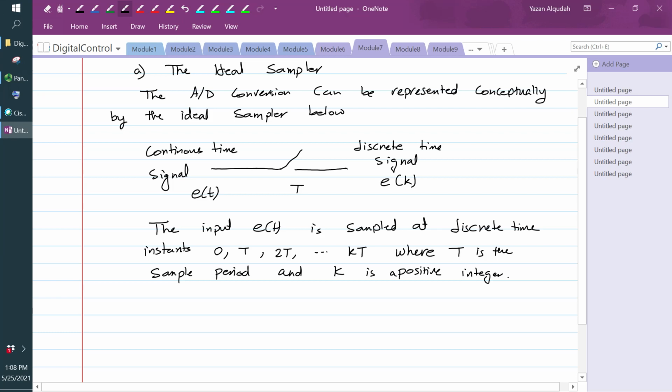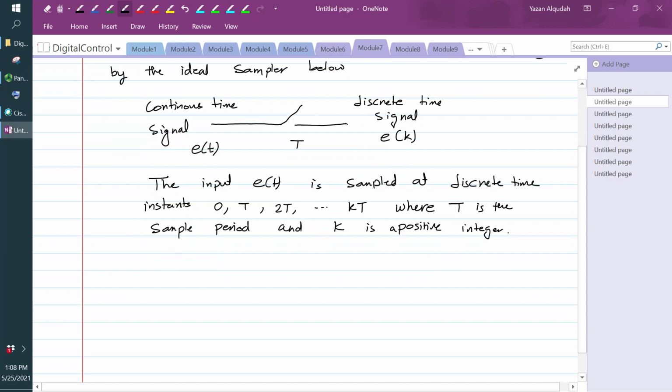Okay, so therefore I can represent this sampler as E of k equal to the continuous time signal E of t evaluated at t equal to k multiplied by T. So I'm going to have E of 0 equal E at t equal to 0 multiplied by T, therefore E of 0. E of 1 is going to equal E at t equal 1 multiplied by capital T, therefore it's equal to E of capital T, and so on and so forth.